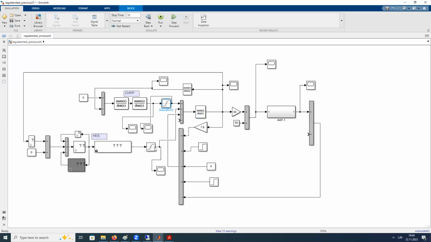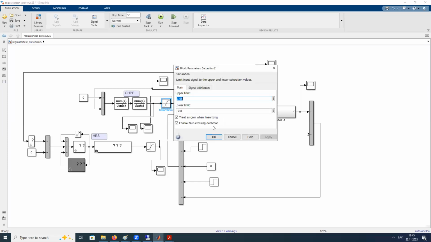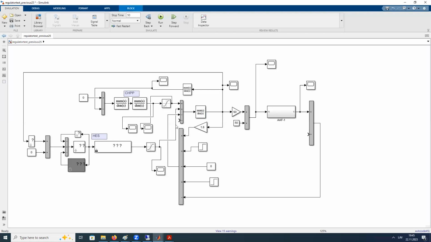And here we have this limitation, this reserve of power for each type of generator, based on how this power is separated between two types of generator. For this scheme, with this saturation, it means that 50% of generation is from CHPPs and 50% is from hydropower plants.